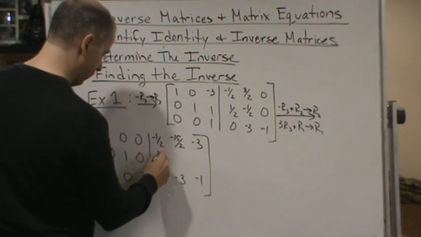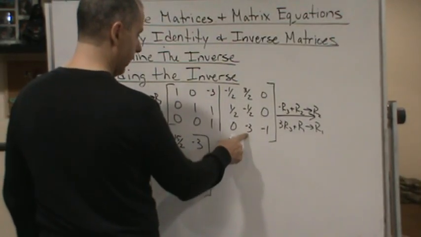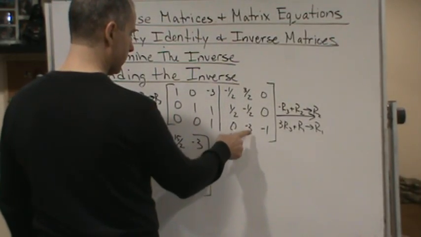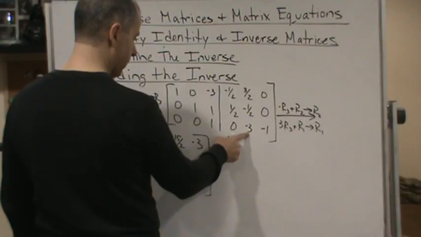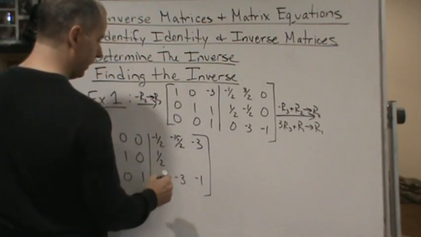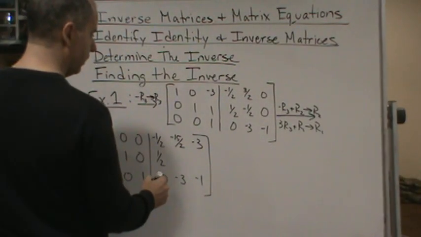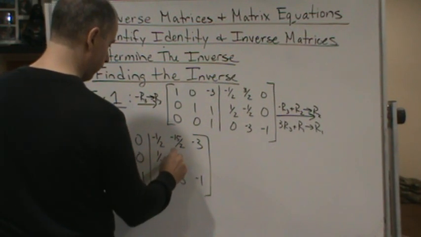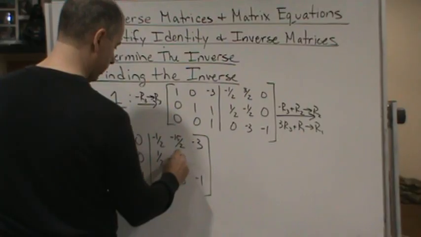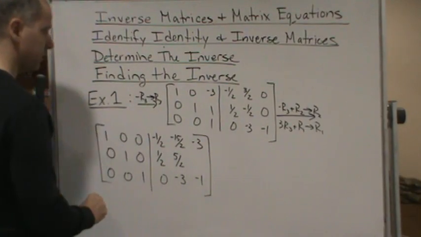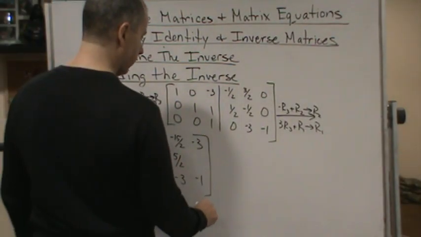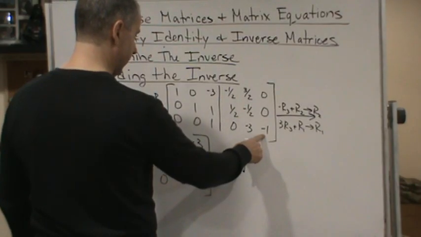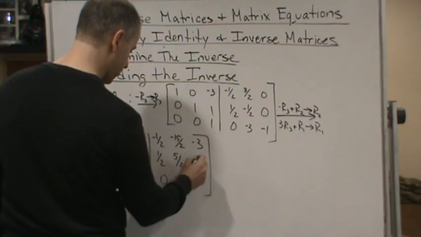This is just going to stay 1/2. Negative 3, so this is going to be 3. So 3 plus negative 1/2 is 2.5, or 5/2. And then this is going to be 1 plus 0, which is 1.